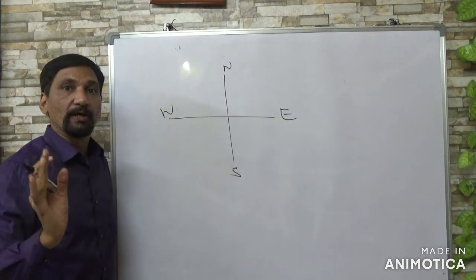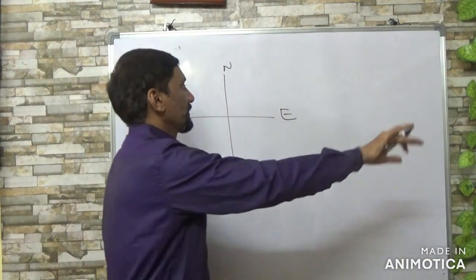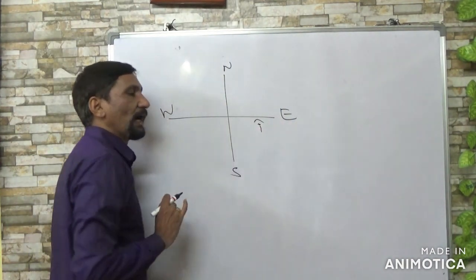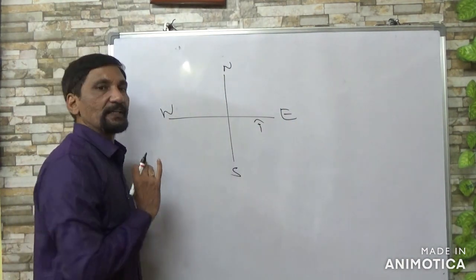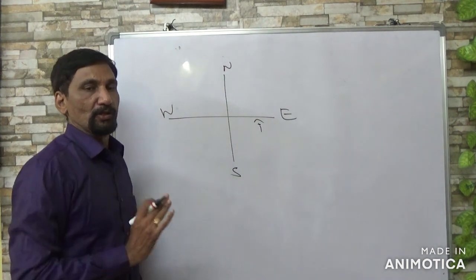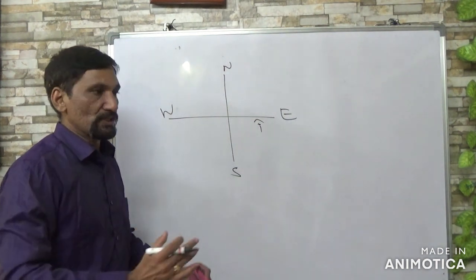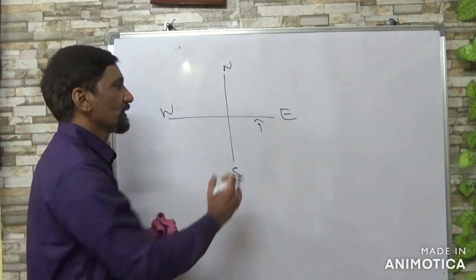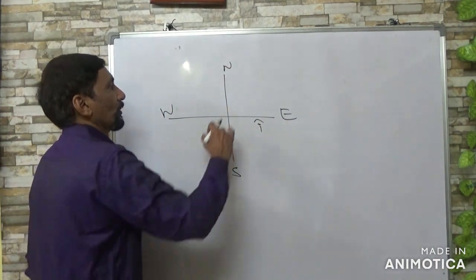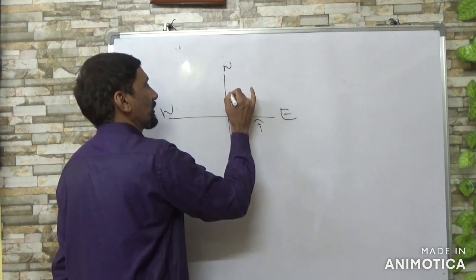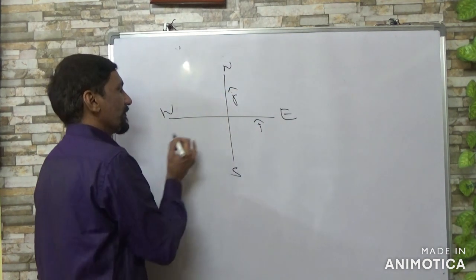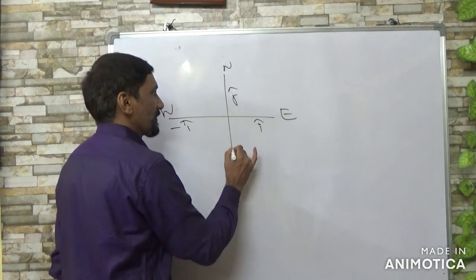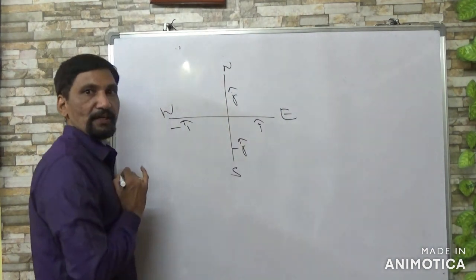Whenever a body covers distance along the east direction, you should always take a multiple of i cap. You know, i cap is a unit vector. So whenever a body covers distance along the horizontal direction, we always take a multiple of i cap. North side we always take j cap. West side, minus i cap. South side, minus j cap.